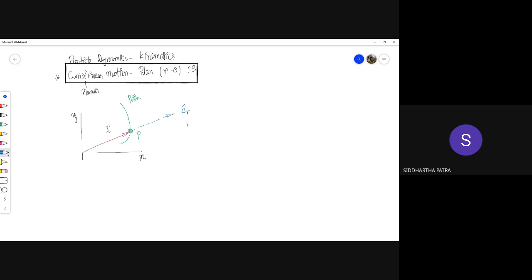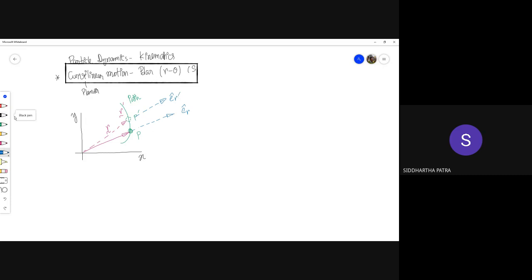As the particle moves to a different location, say P prime, you have a different position vector, R prime, and the unit vector along that direction would be different from the current one.